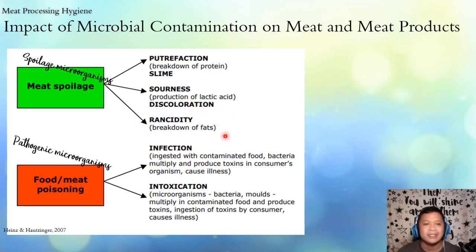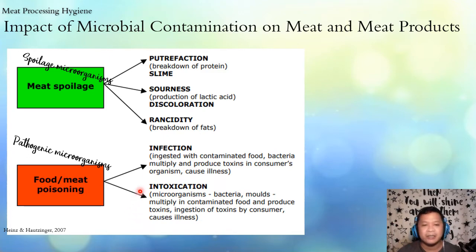Next is, of course, when we have pathogenic microorganisms. If you recall from your general or food microbiology, when pathogens are allowed to grow, they do not necessarily change the sensory properties of the meat, but they now pose a danger once we ingest the food through the two basic pathways of infection and intoxication.